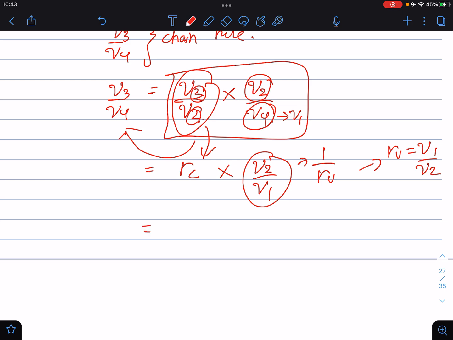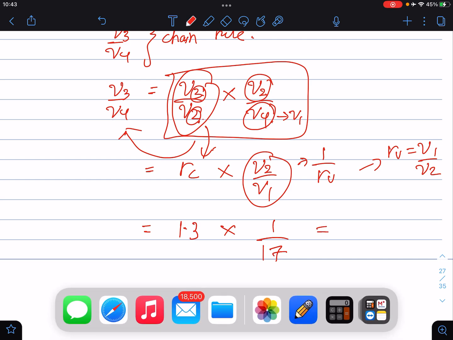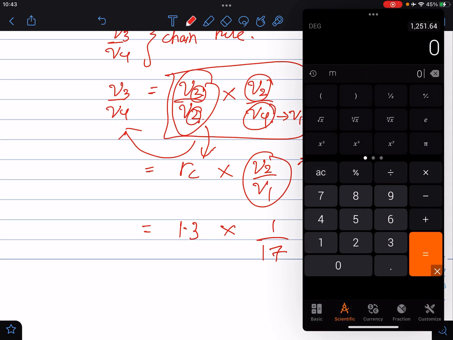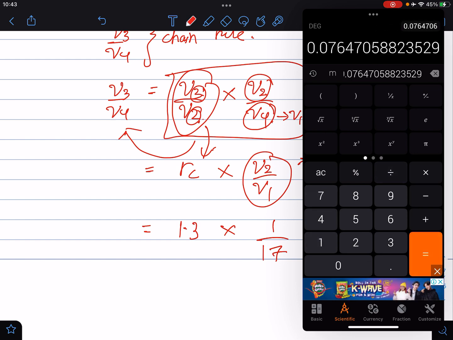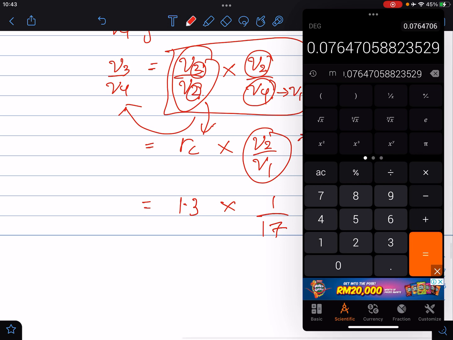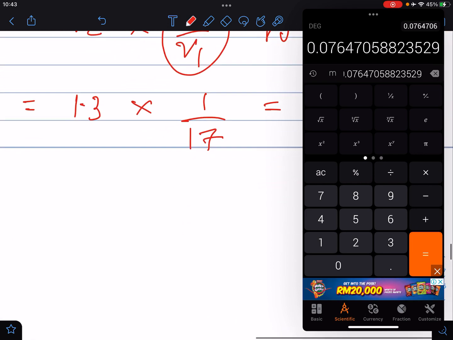Since we know RC, which is V3 over V2, is 1.3, multiplied by 1 over RV, which is 1 over 17, the ratio V3 over V4 is actually 1.3 over 17, which is 0.07647.